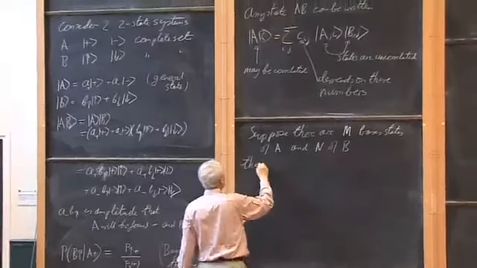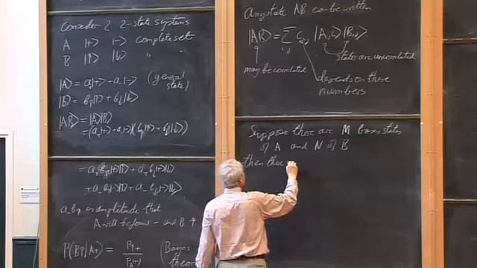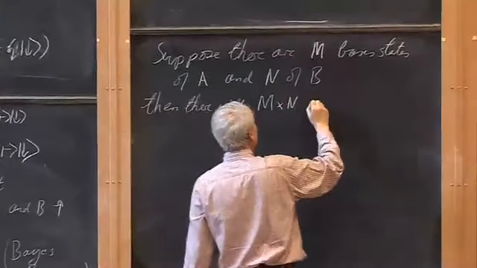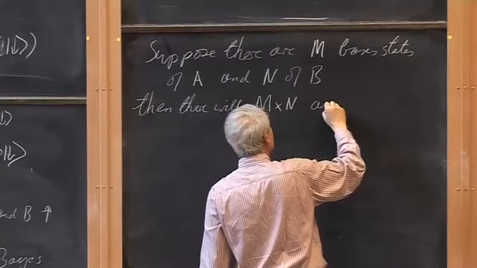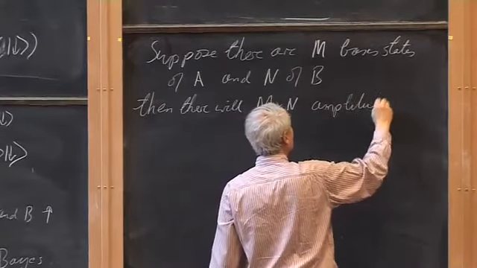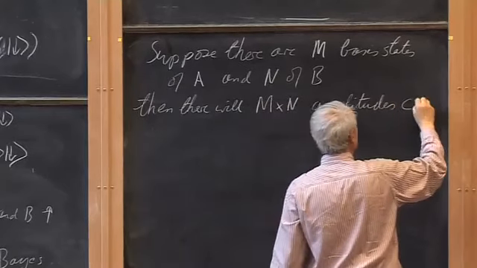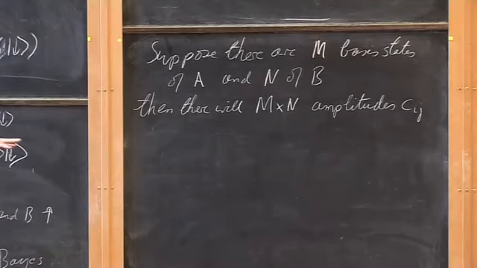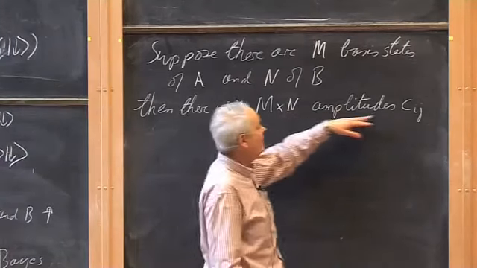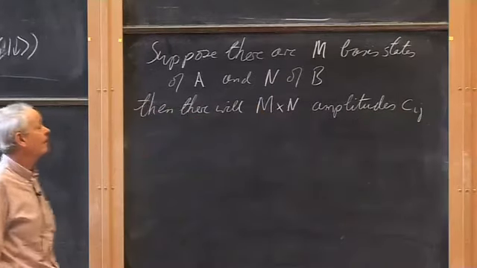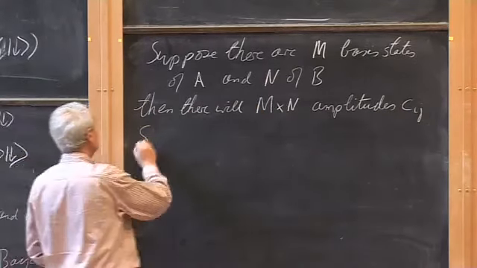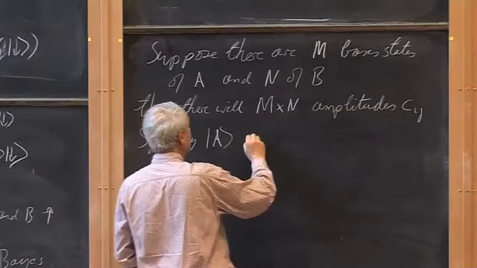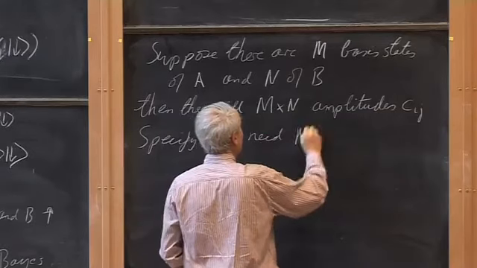Then there'll be m times n amplitudes Cij. So to specify a general state of the system, you need to specify mn numbers, Cij. But to specify a state of A, you need just m numbers.